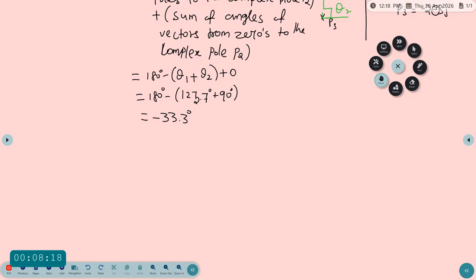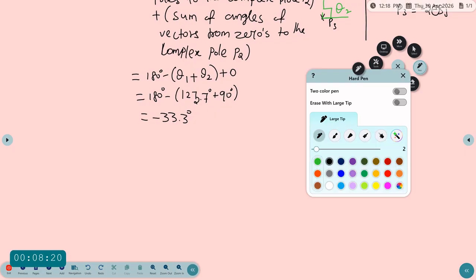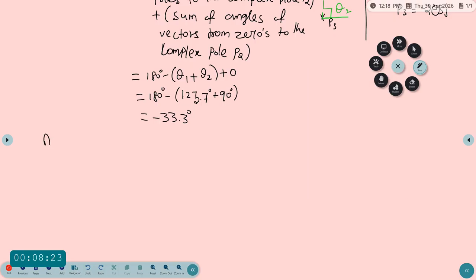Similarly, we can write the angle of departure at P3, which has the same magnitude as the angle of departure at P2 with the sign changed, that means plus 33.7 degrees.